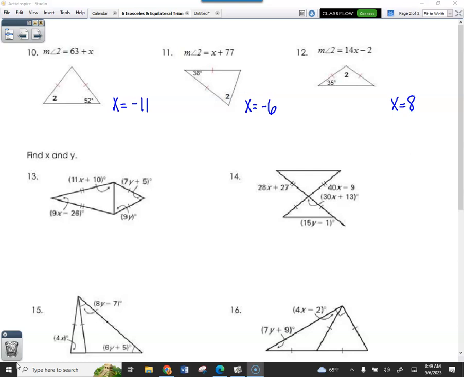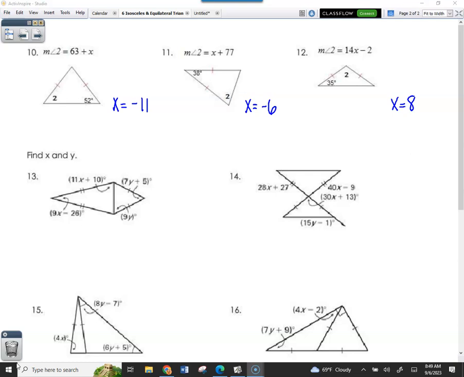In some cases we'll have things pop up that we've already been practicing, like linear pair, which adds up to 180. Vertical angles are always what? Vertical angles? Anyone?